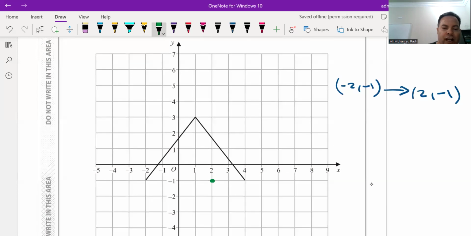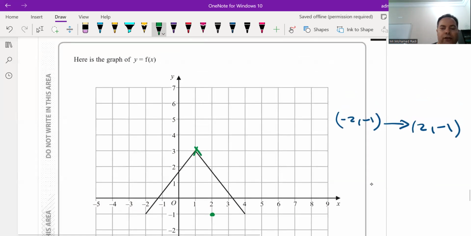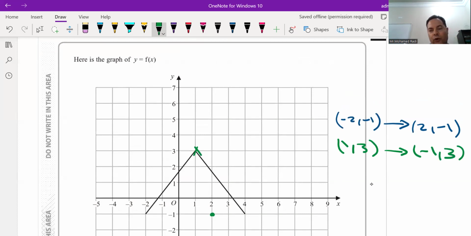See, reflection about the y-axis. If the point is on the left-hand side, it will be on the right side. In the same way, this point, (1, 3), change the x coordinate by negative, will be (-1, 3). This point on the right is now on the left.